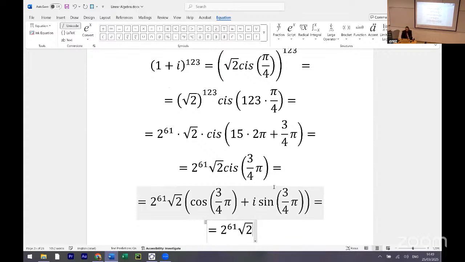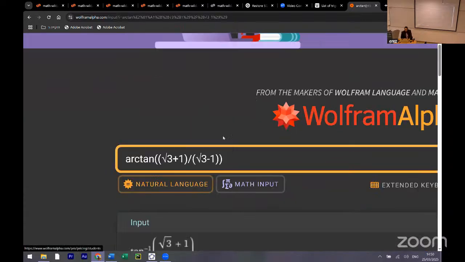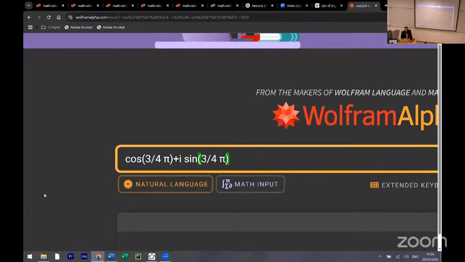Sorry, what I wanted to say is false. I thought 3 halves, not 3/4. So let's use Wolfram.